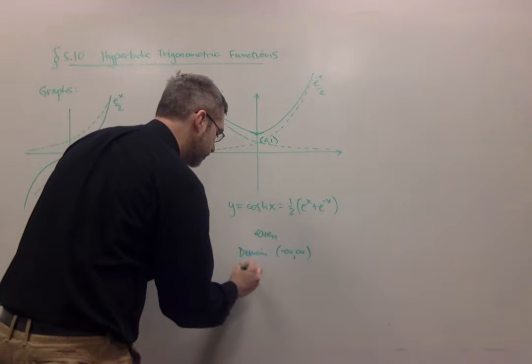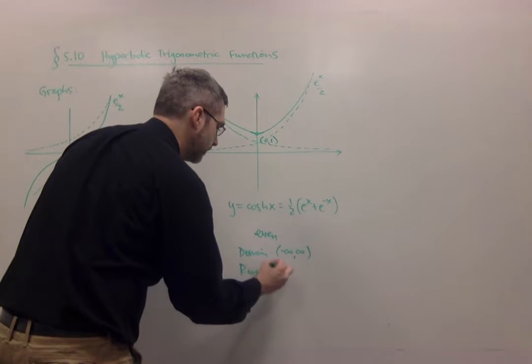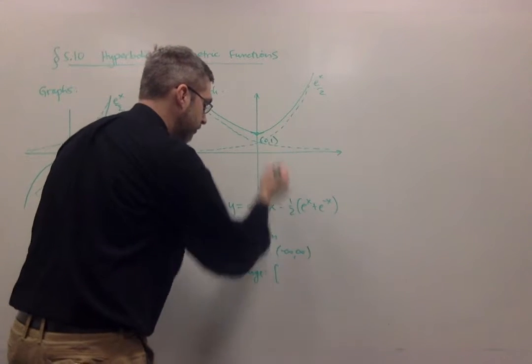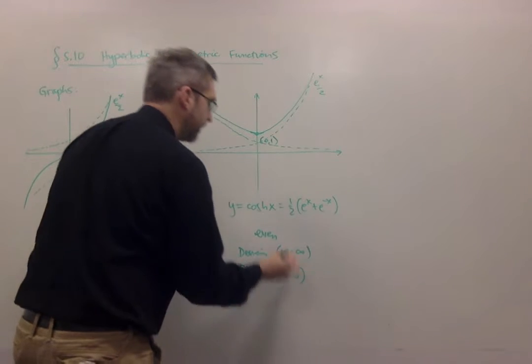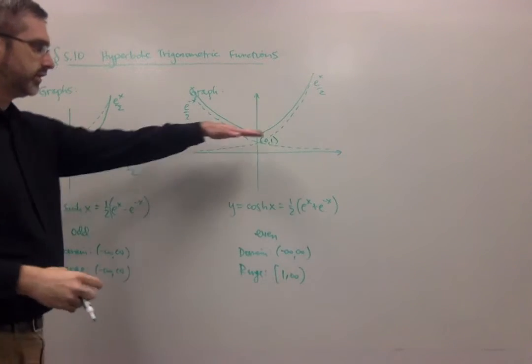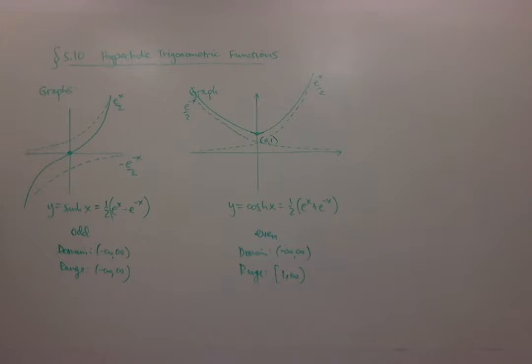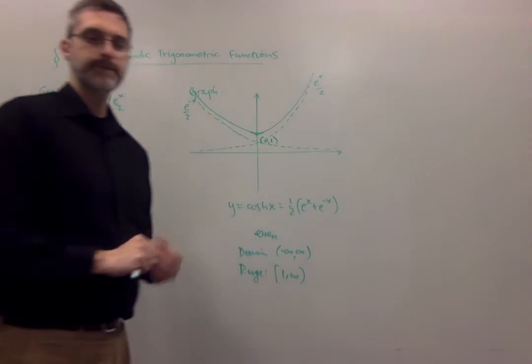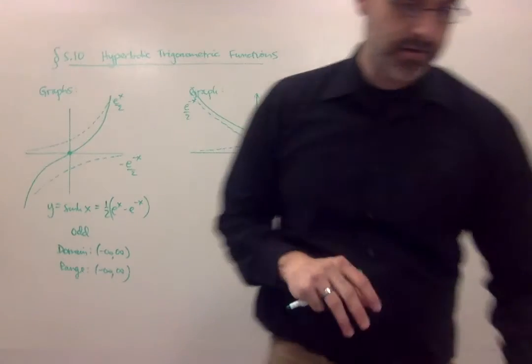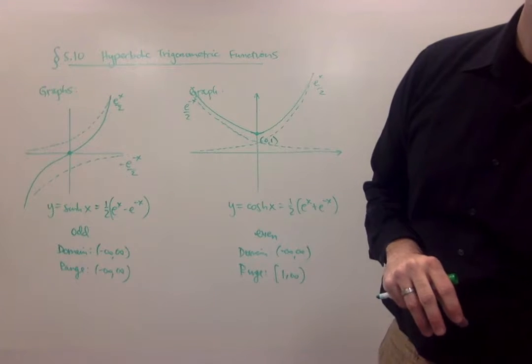The range, however, is just 1 and higher. You can't end up with a negative number, or actually any number below 1 coming out of the function cosh. Any questions there?